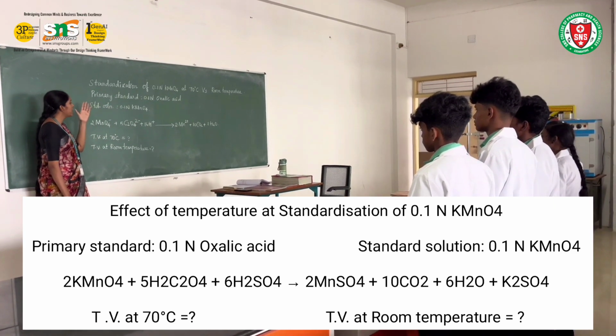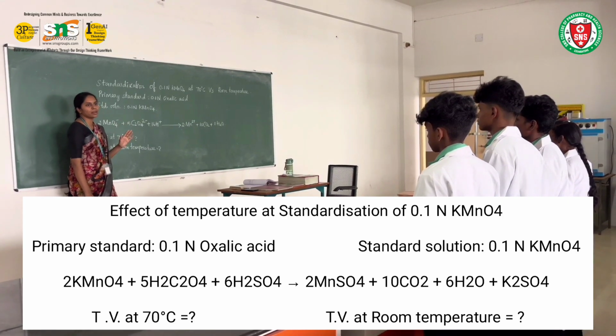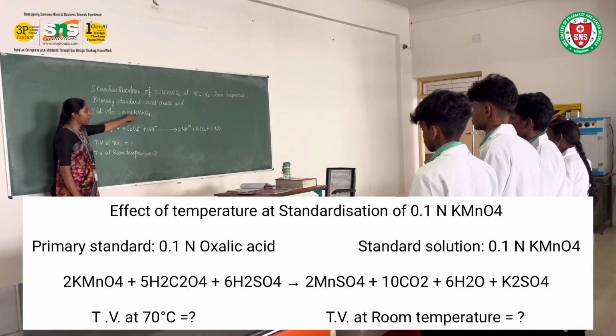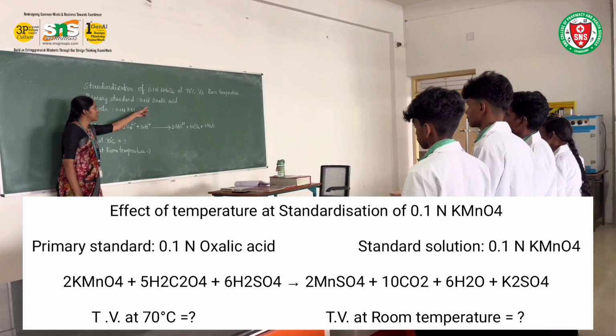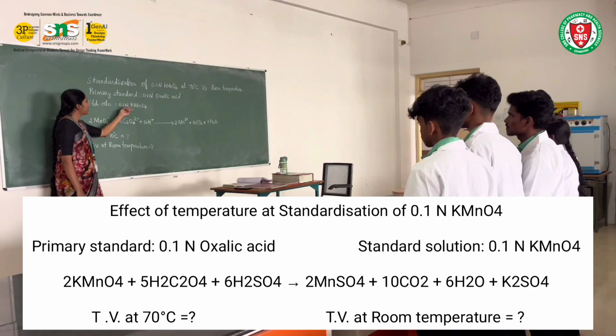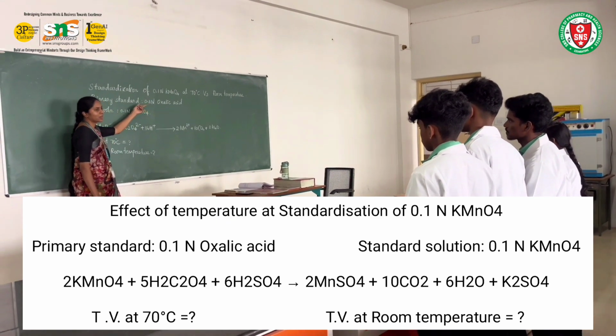Normally in a redox titration, we need one oxidizing agent and one reducing agent. Here the oxidizing agent is of course potassium permanganate and the reducing agent is oxalic acid. As we are going to standardize an oxidizing agent, we need a reducing agent as the titrate.